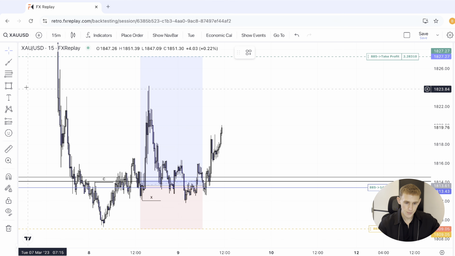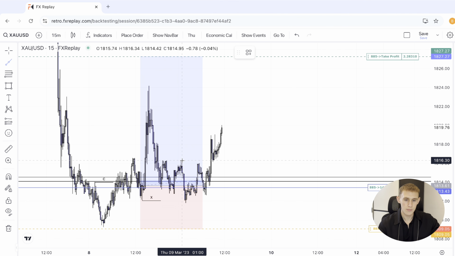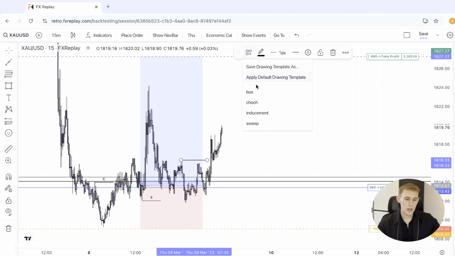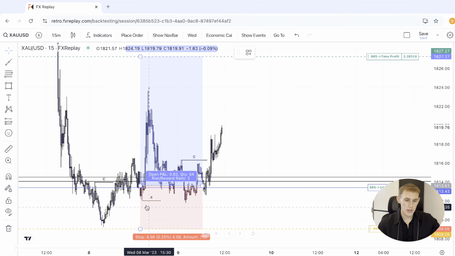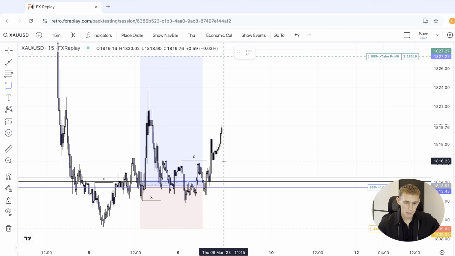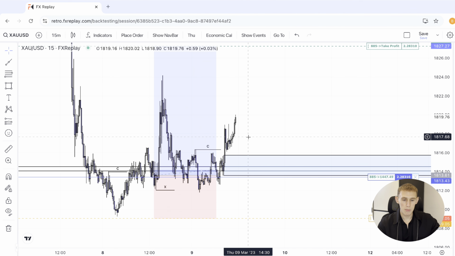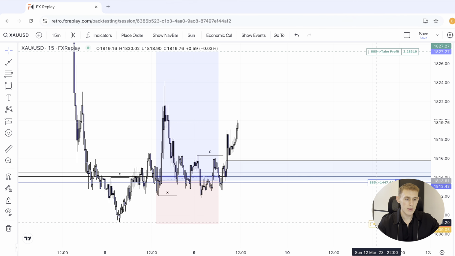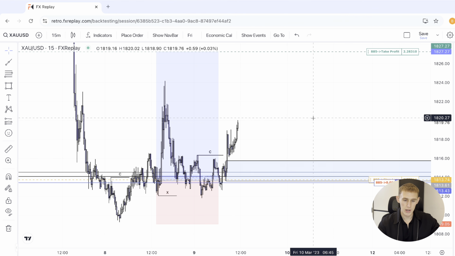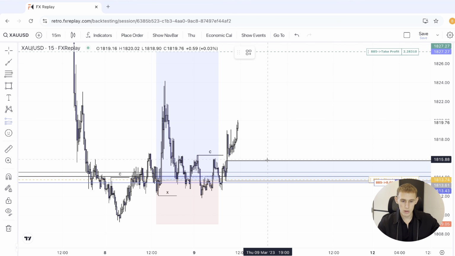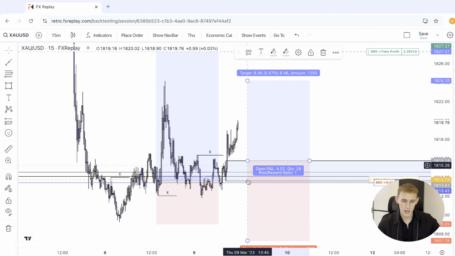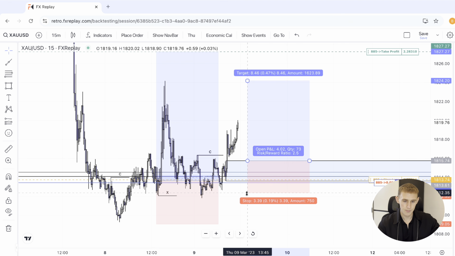So we had a change of character just there. After the low was swept, we've now had this build up of liquidity above this demand zone, which was left imbalanced. When I'm doing a re-entry like this, I will make the initial trade break even so that I only have 1% in open risk. And I'll go slightly more aggressive with the stop loss on this second position and have it just below this demand.